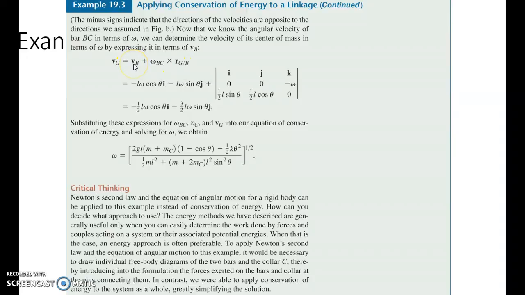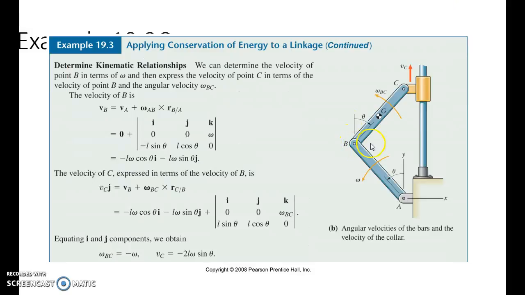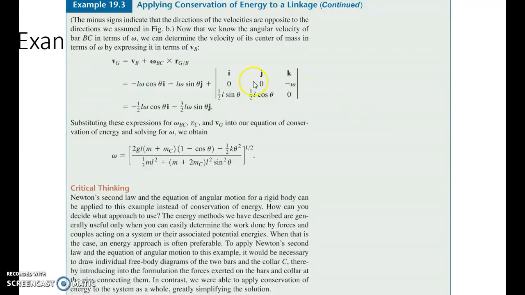So we substitute for VB, substitute for omega BC, which is minus omega, and substitute for the position vector from B to G, G relative to B. So if I go over here, this time I'm just going from here to G. So I go to the right. So now it would be L over 2 sine theta in the I direction and L over 2 cosine theta in the J direction. That's where we have this here. So okay, I've done all of that, and then I now have a vector expression for VG.